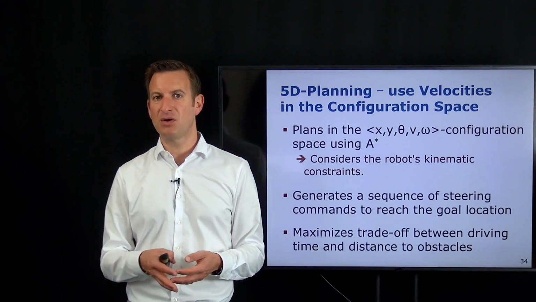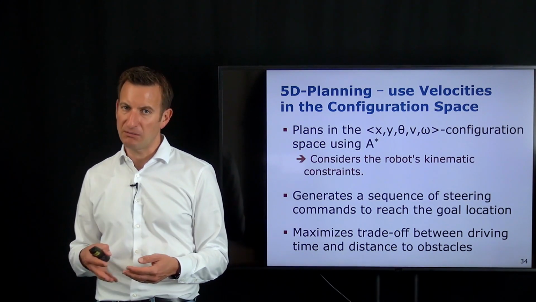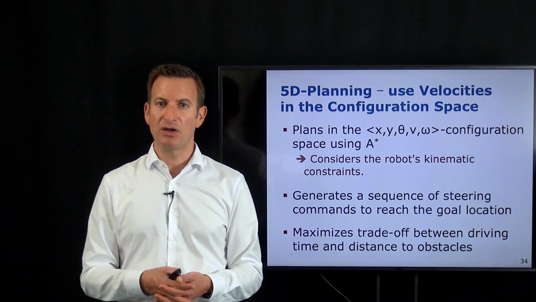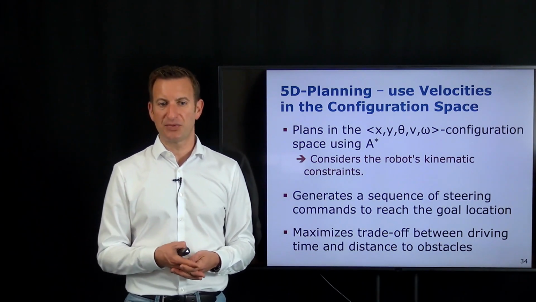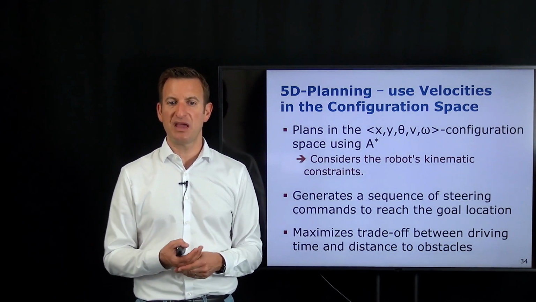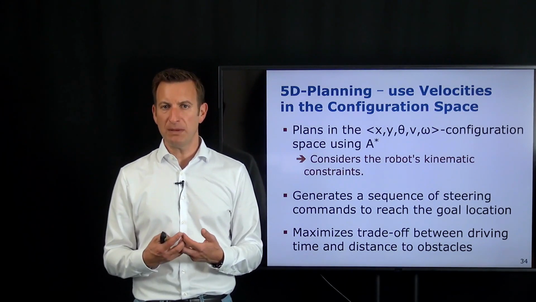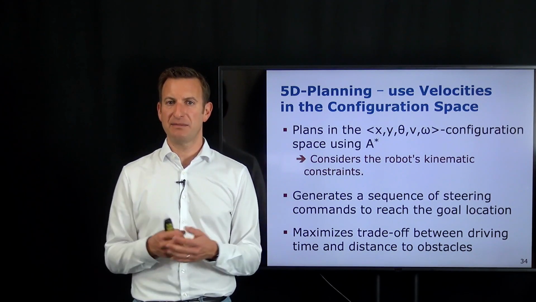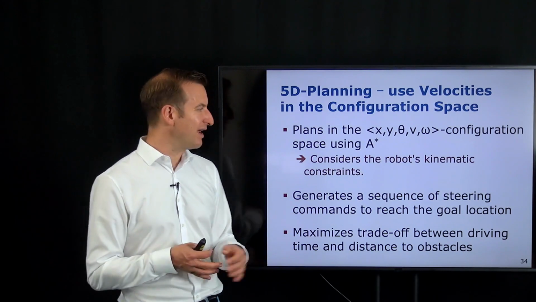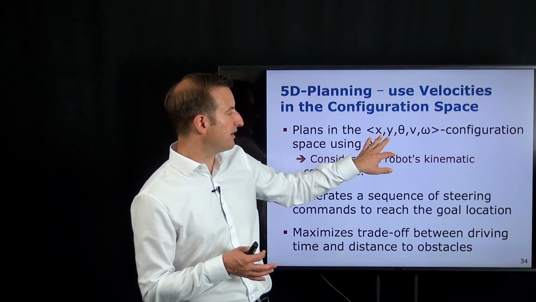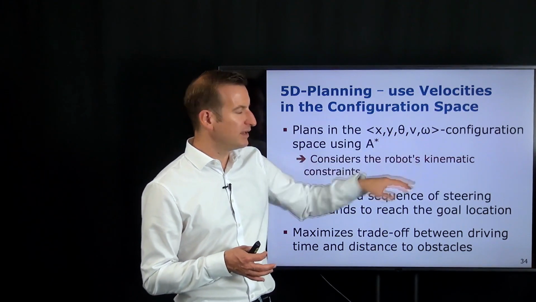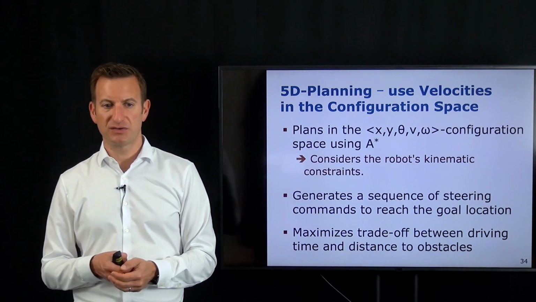Even if we can make an emergency brake, maybe we don't want to, we want to brake more gently to provide smooth trajectories. All this can be taken into account if I extend my planning problem from a 2D planning problem into a 5-dimensional planning problem, where I expand the state space from 2 dimensions into 5 dimensions.